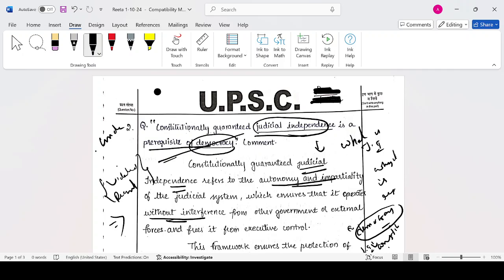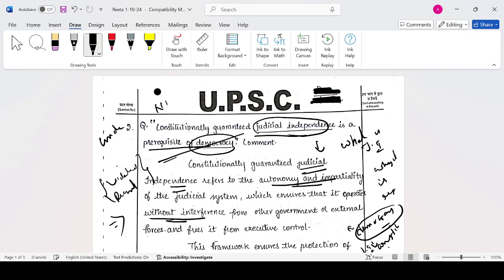Further, in recent times the judiciary did not intervene when Jammu and Kashmir was bifurcated and given the status of union territory, nor in the COVID cases. These raise questions on the functioning of the judiciary and sometimes politicization.